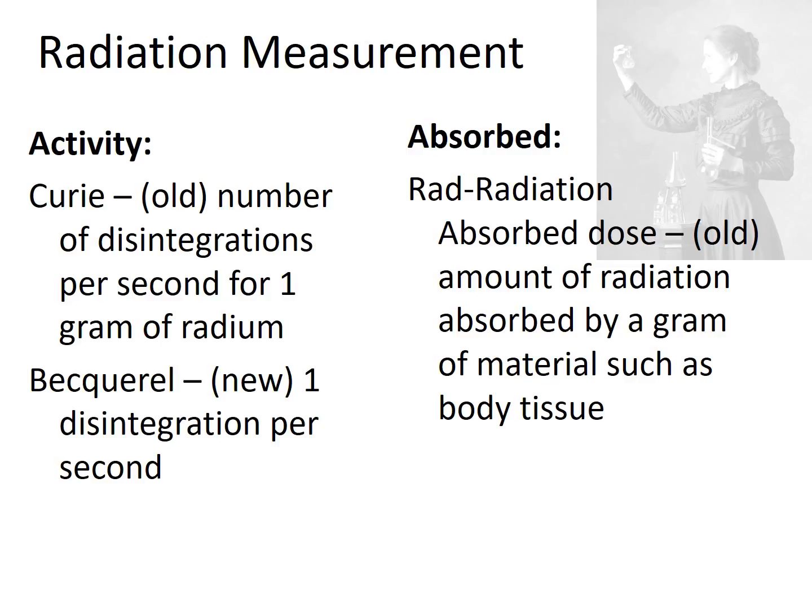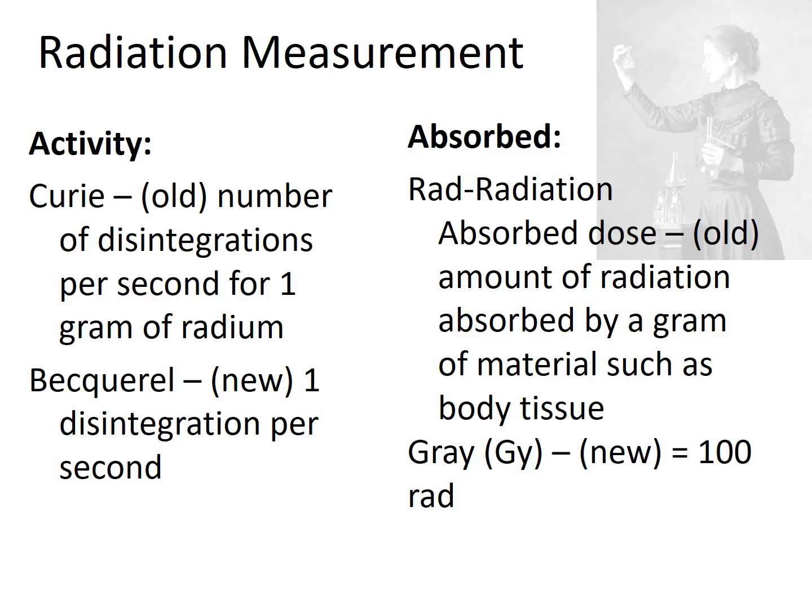The rad, though, was a very large amount of radiation, and so a more sensitive, smaller amount of radiation is called the gray. And the gray is actually 100 rads. It's a new way of doing it. The gray is actually a smaller number, and so if you have 100 rads, that's only 1 gray.